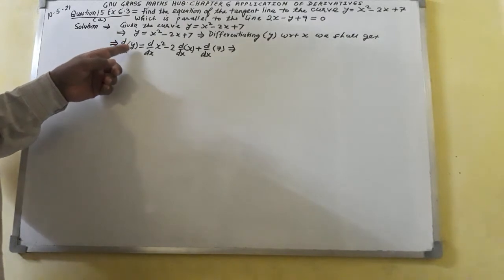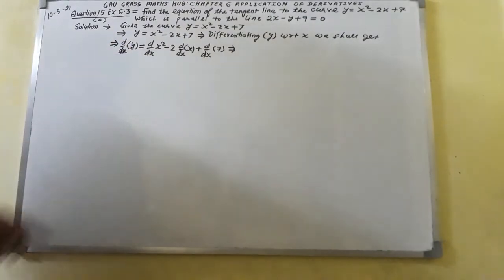Here in the numerator function y is available, in the denominator dx is available. D will be conjugated with y, comes out to be dy over dx.